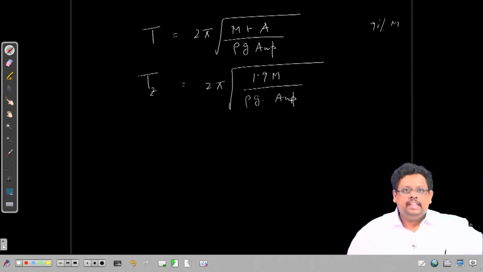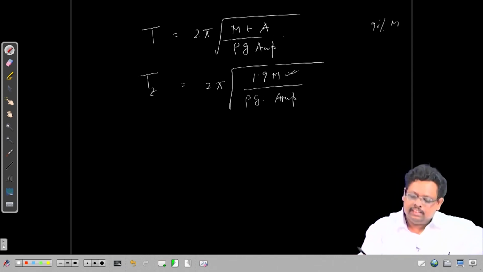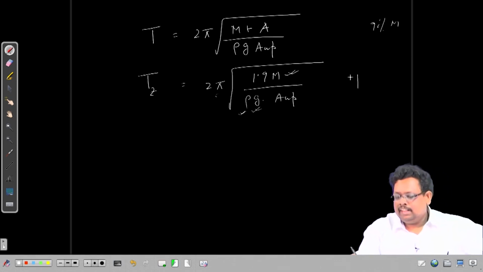Now, here you can see that mass is constant, rho, the density of sea water, is constant, g is constant, pi is constant. So I can very easily see T z varies as 1 upon AWP.